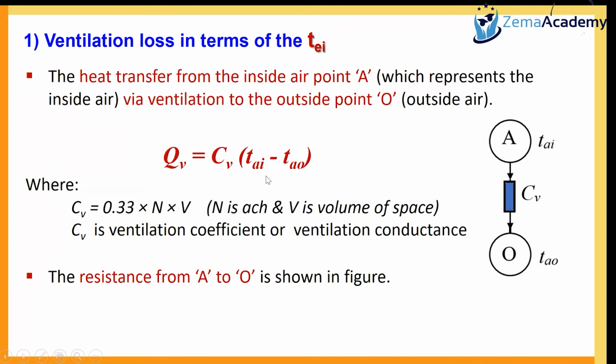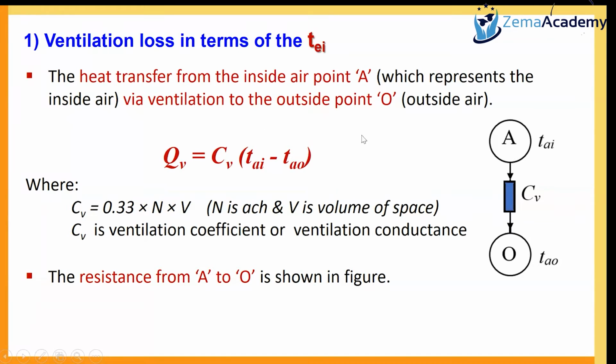Now, this equation can be transformed or written in the form of an electrical network. This is the diagram showing the heat transfer from the inside air point. This node is the inside space air point, which represents the inside air condition.